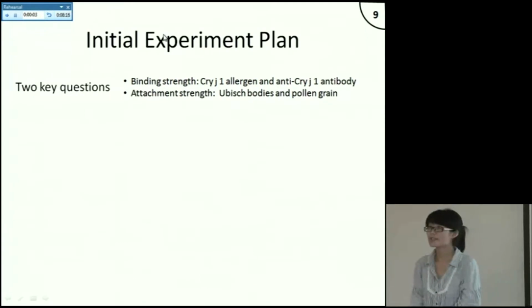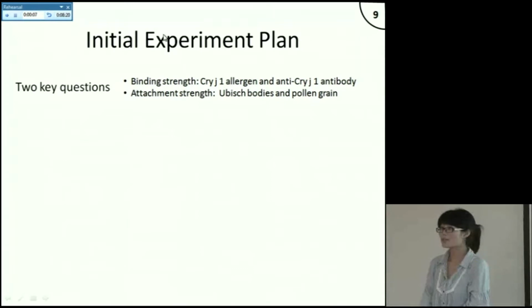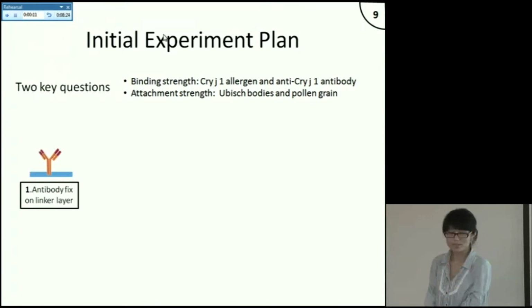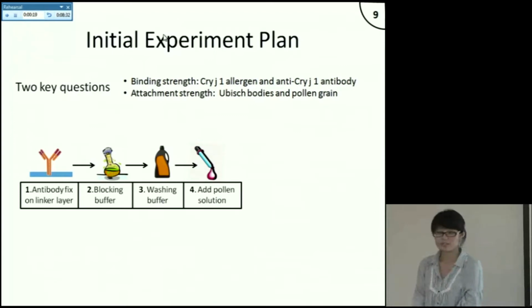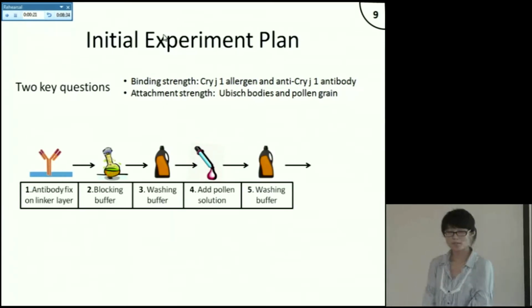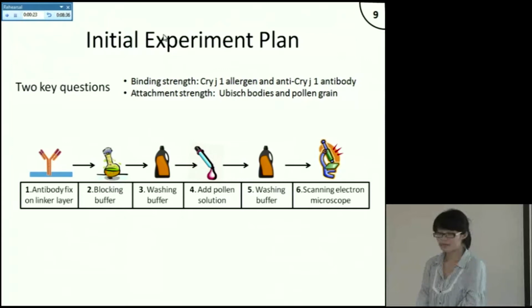And the simplest way to make sure about that is to directly observe the possible phenomena under a microscope. So firstly, I will fix antibody on some linker layer, and after some steps, add pollen solution on the linker layer and directly observe the phenomena under a microscope.